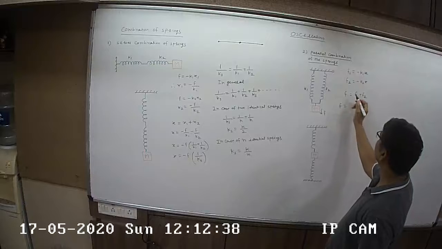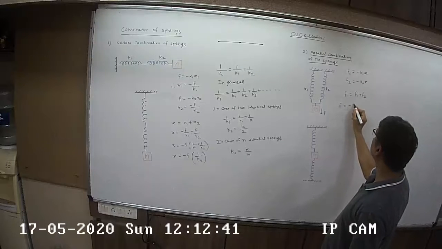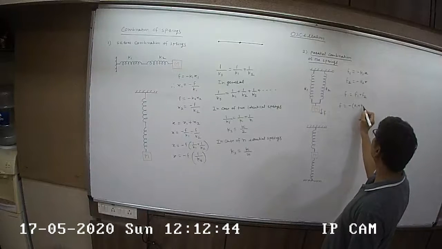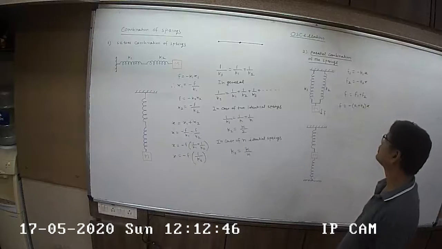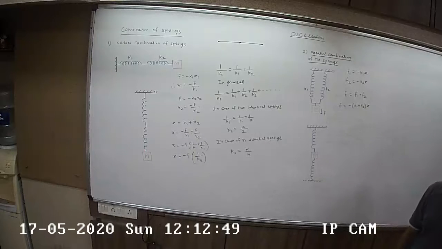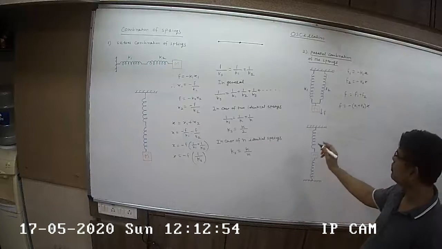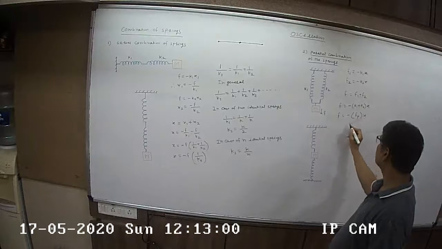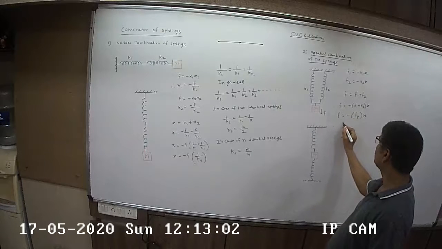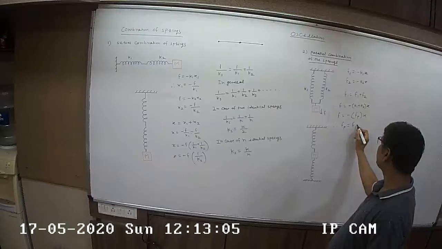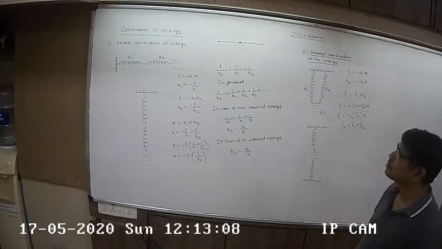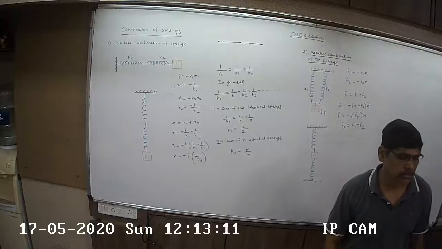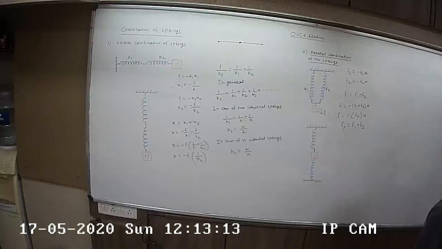So when I substitute, I get F is equal to minus of K1 plus K2 into x. Now if I say the effective spring constant in parallel combination is Kp, then F is equal to minus Kp x. Comparing, Kp will be equal to K1 plus K2. So in parallel combination, the effective spring constant is the sum of the individual spring constants. Correct?